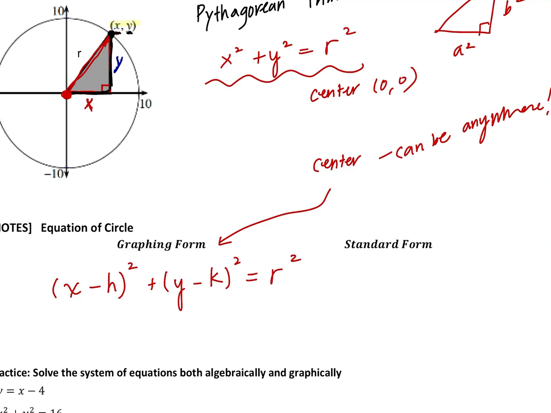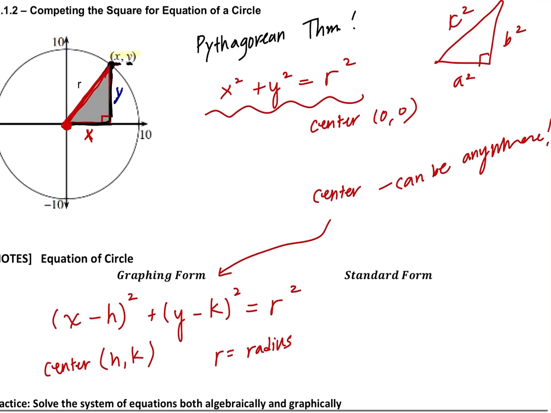And again, r represents the hypotenuse or the radius of the circle. And the center, just like a vertex, we use h and k. Okay? So just note that the general idea of the equation of a circle comes from the Pythagorean theorem.